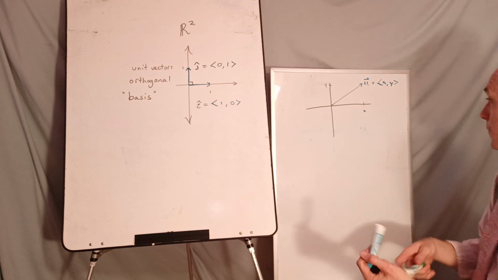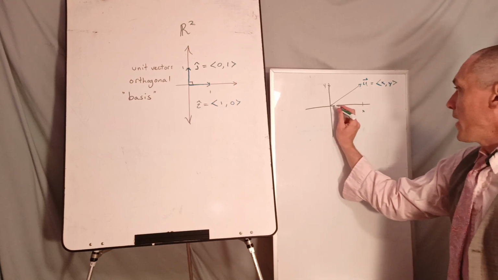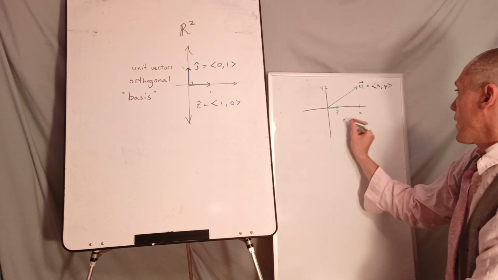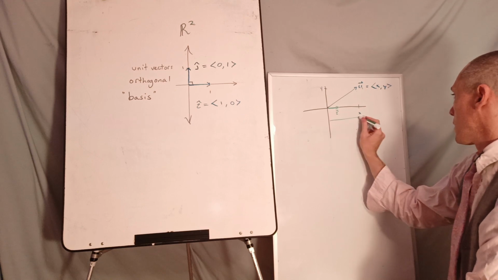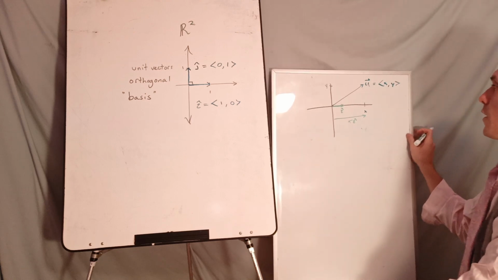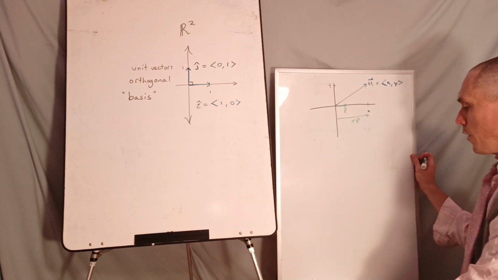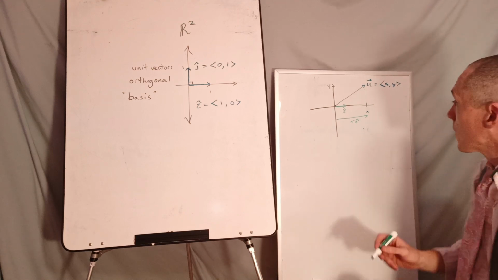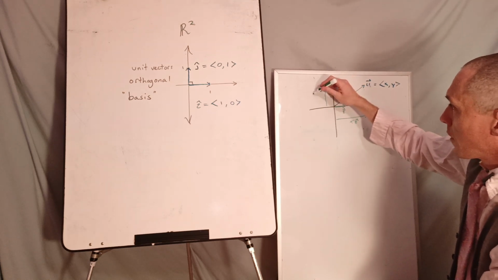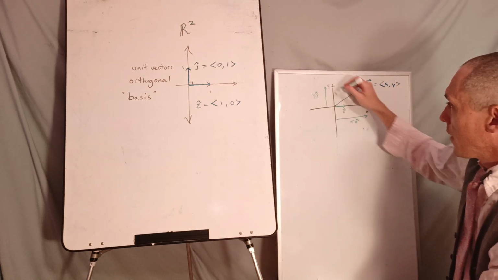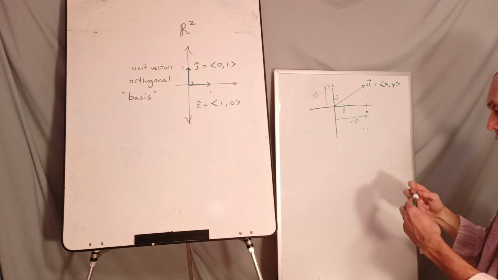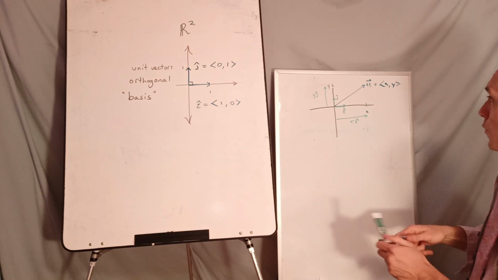Well, what we could do is add up some scaled amount of i hat. We could multiply that by x. And this would give us the horizontal component of u, but now written as a vector. And likewise, for y, we could get a vertical vector by writing y j hat, and this would take the unit vector j and scale it by the right amount to get to the coordinate y.